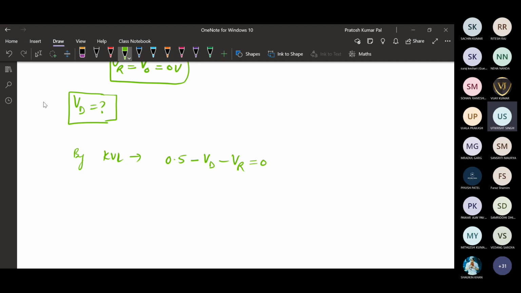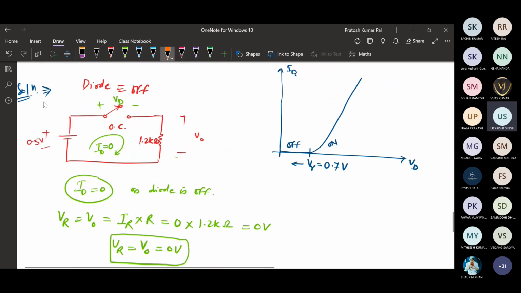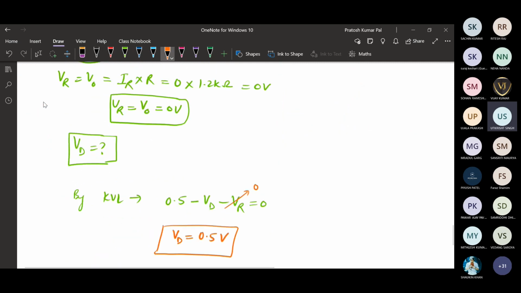This is the KVL. Okay, so from there, the VR value we have already seen is 0. So we can conclude VD equals 0.5 volt. Okay, so here the diode is an open circuit, and the voltage across this diode comes out to be 0.5 volt.